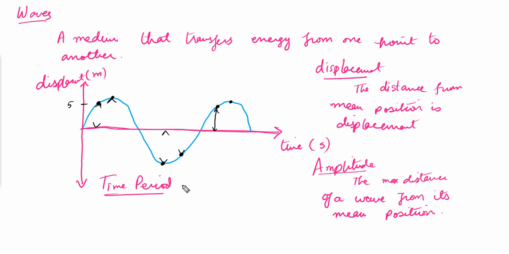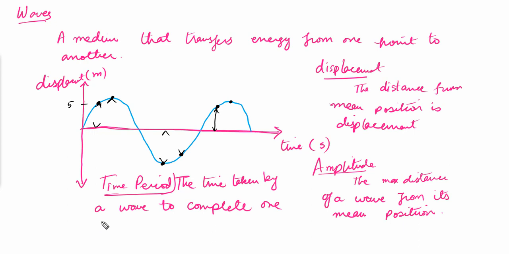Time period is the time taken by a wave to complete one cycle. The time taken by a wave to complete one cycle is the time period.